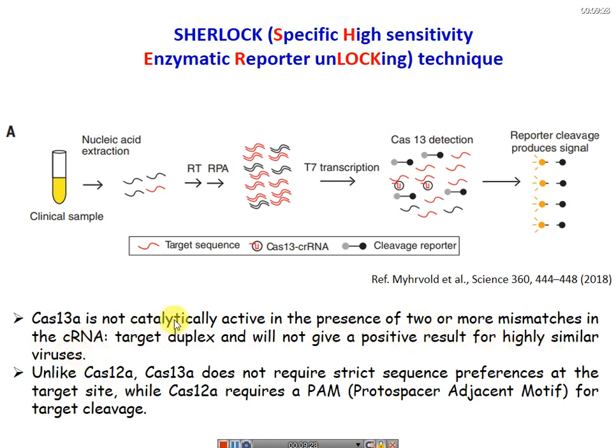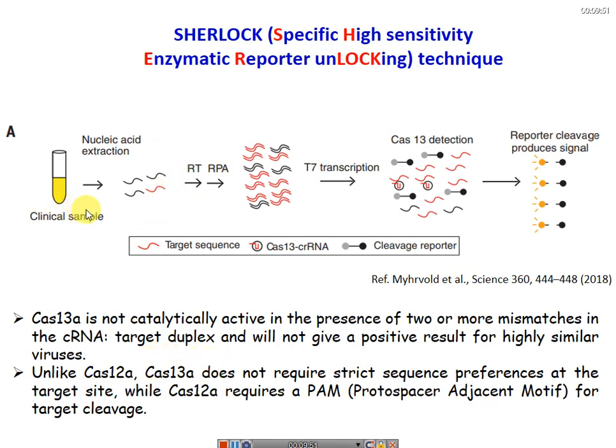So it is very specific. Even if there are one or two mismatches, it won't bind to the target. Unlike Cas12a, Cas13a does not require strict sequence preferences at the target site. That is, Cas12a requires a protospacer adjacent motif for its target cleavage, while Cas13a doesn't require that.